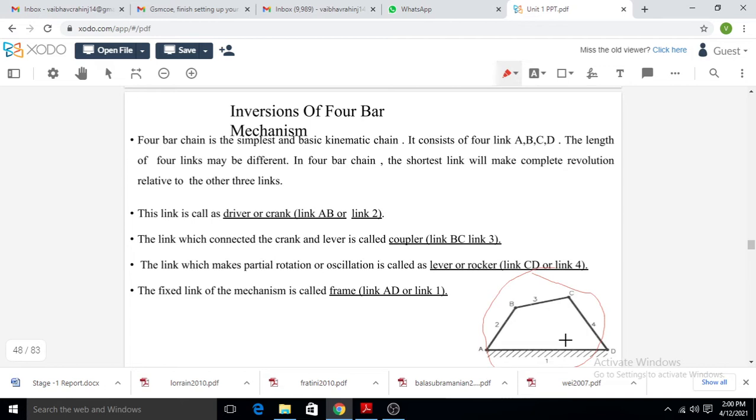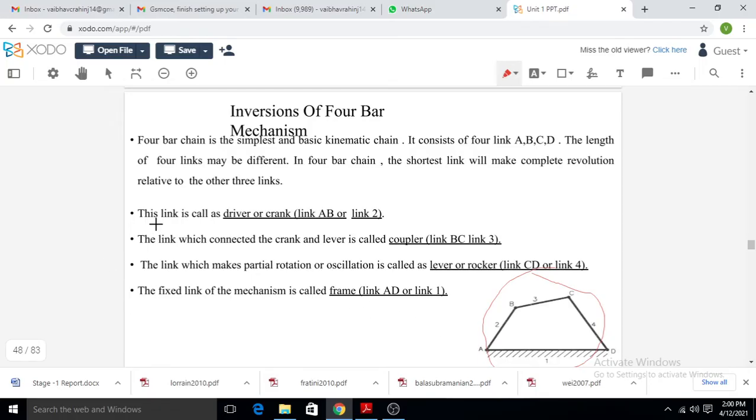That means 4 turning pairs are present. In a 4-bar chain mechanism the length of each link is different, and as the lengths change, the purpose of the mechanism keeps changing, or we obtain a different mechanism.